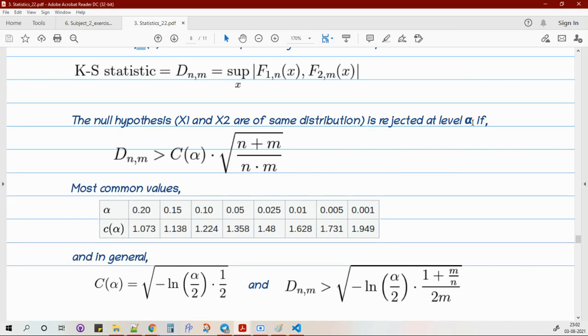In some other, non-critical thing, you can take alpha very high, 5%, 10%. But if you don't know, you can always take alpha equal to 5%. So given the value of alpha, we just need to calculate c alpha. Just to make this formula look beautiful, they have put c alpha here, and they describe the value of c alpha.